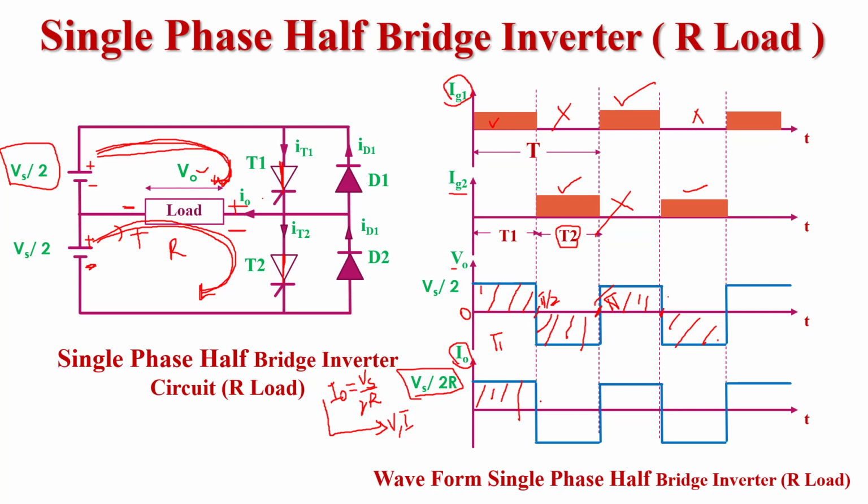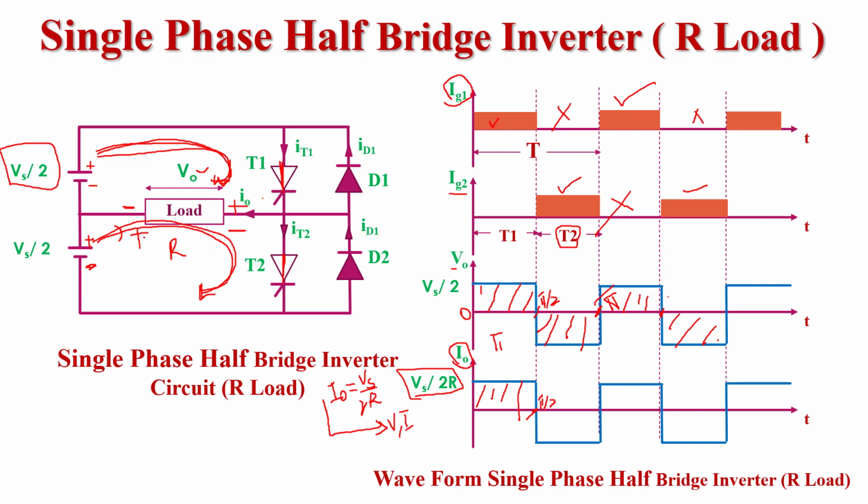Okay. After pi by 2, what will happen? The T1 thyristor will be turned off and T2 will be turned on. When T2 is turned on, current flows in this direction, because this terminal is positive and this is negative. If current flows in this direction and the previous direction is the reference direction, then this direction is the reverse direction of current flow.